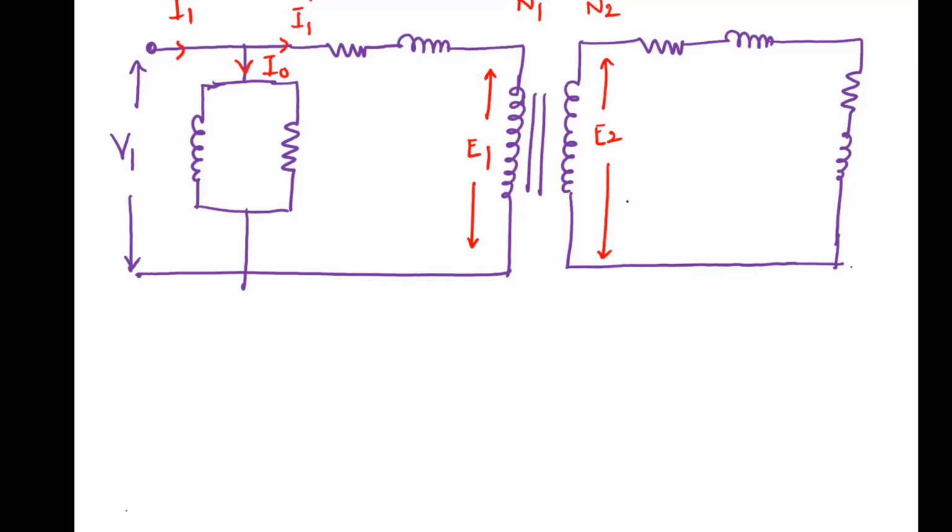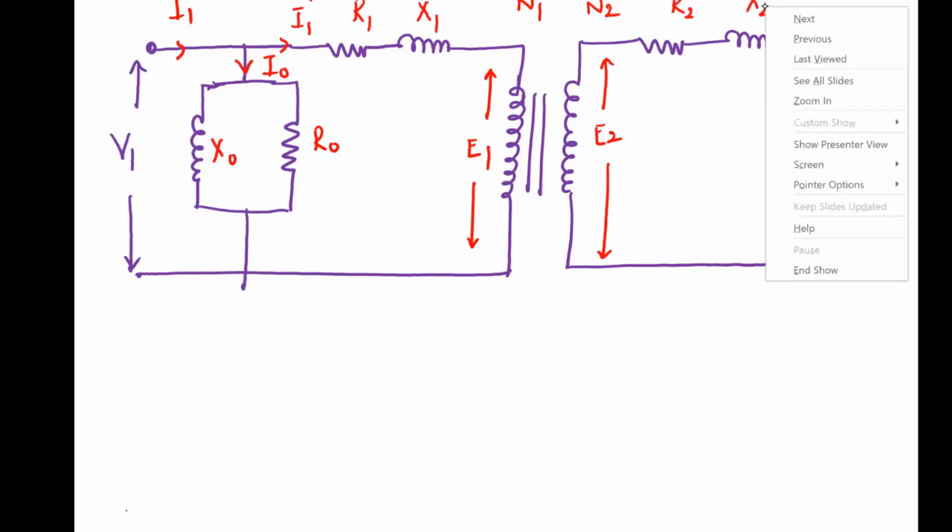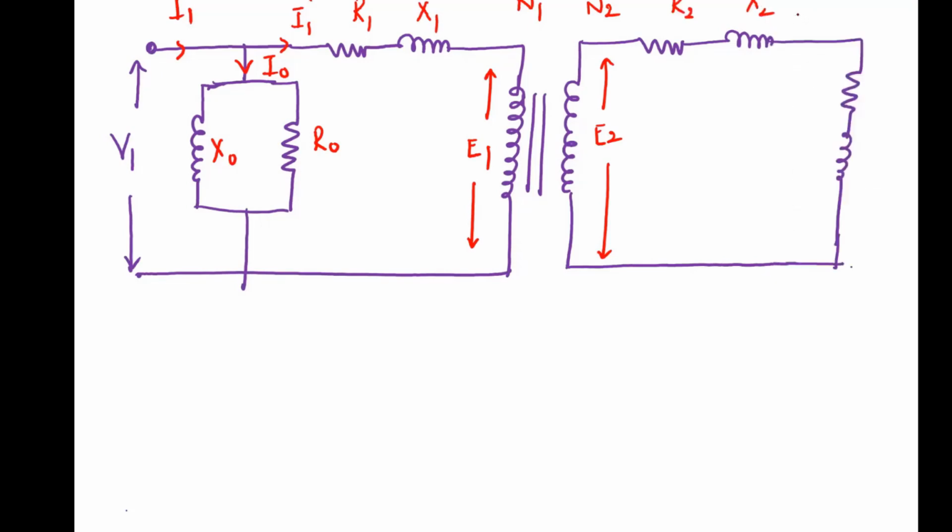This value is R0, this is X0. This is R1, X1, R2, X2. R2, X2 are the secondary leakage resistance and reactance, and R1, X1 are the primary leakage resistance and reactance of the transformer. Let this one be RL and XL.